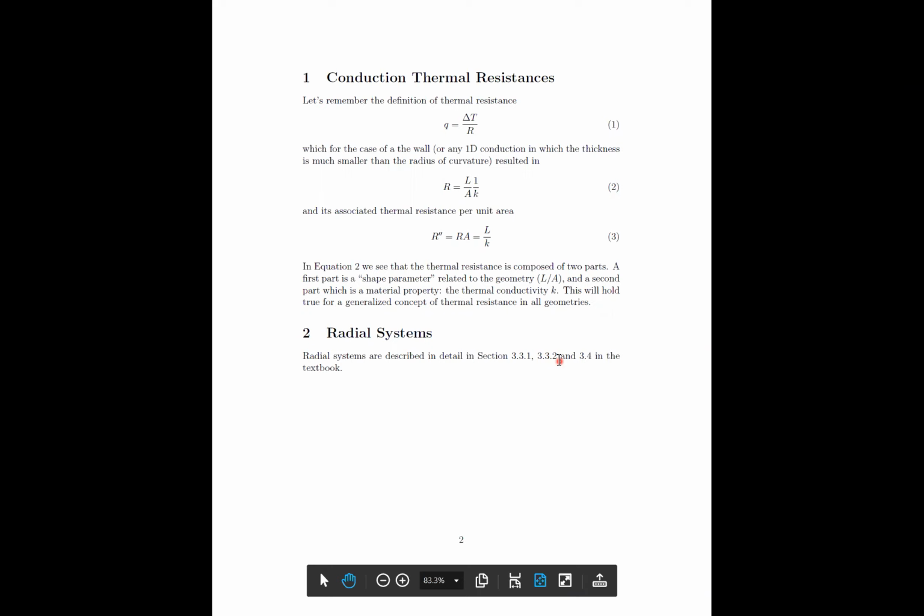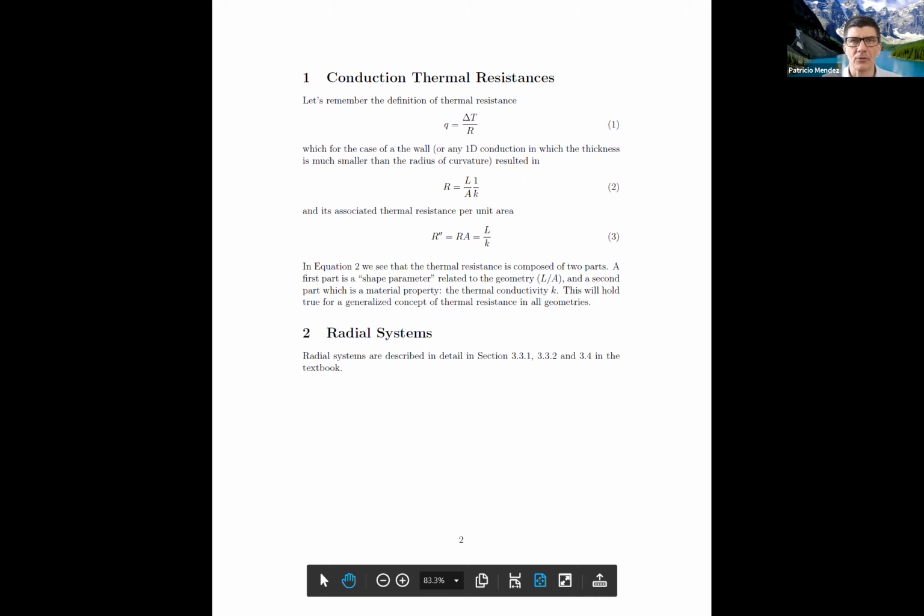We can say no heat generation, so the heat generation term goes away, and you end up with an ordinary differential equation of second order that tends to be very easy to solve, and you integrate twice.